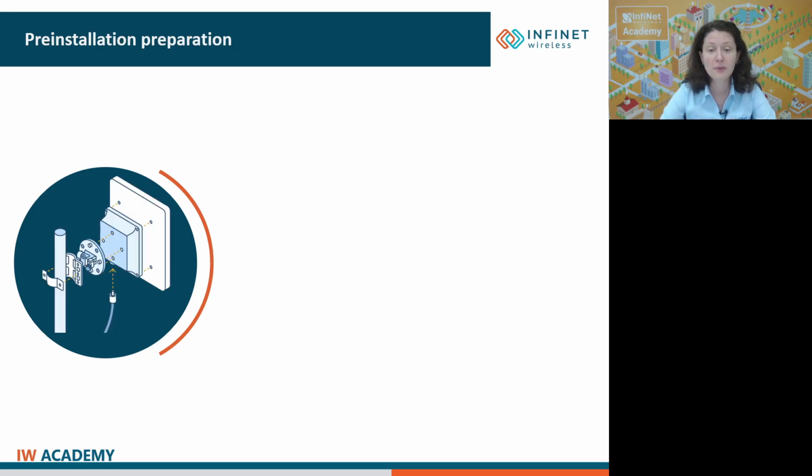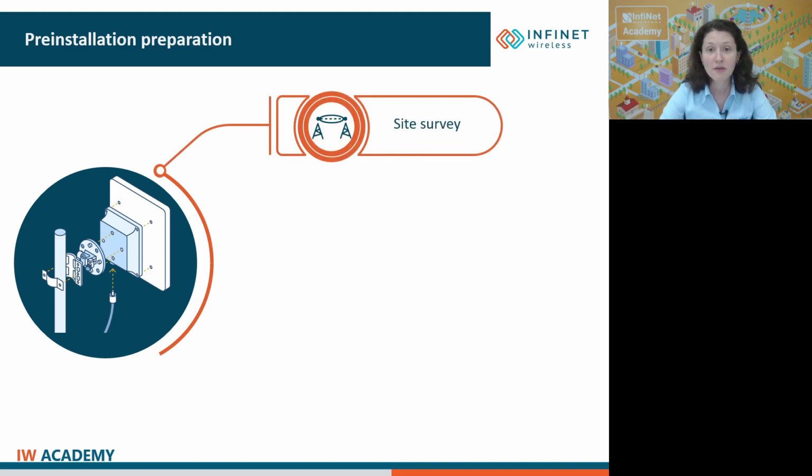In order to obtain the desired throughput and ensure a reliable device operation, the following actions should be performed before installing the device. First, make sure that line of sight is provided before the installation of the antennas in order to achieve the best performance of your radio link in that specific environment. Surveys must be conducted to assess the level of interference and to identify the obstructions.